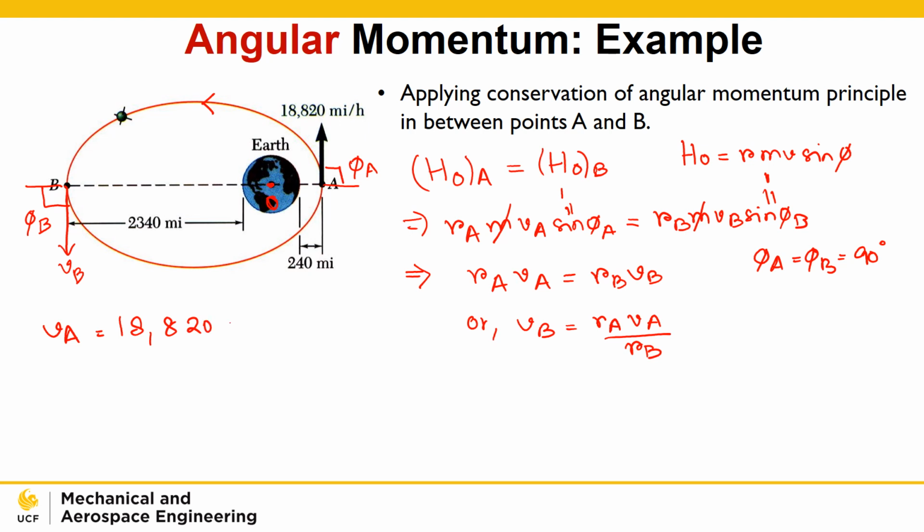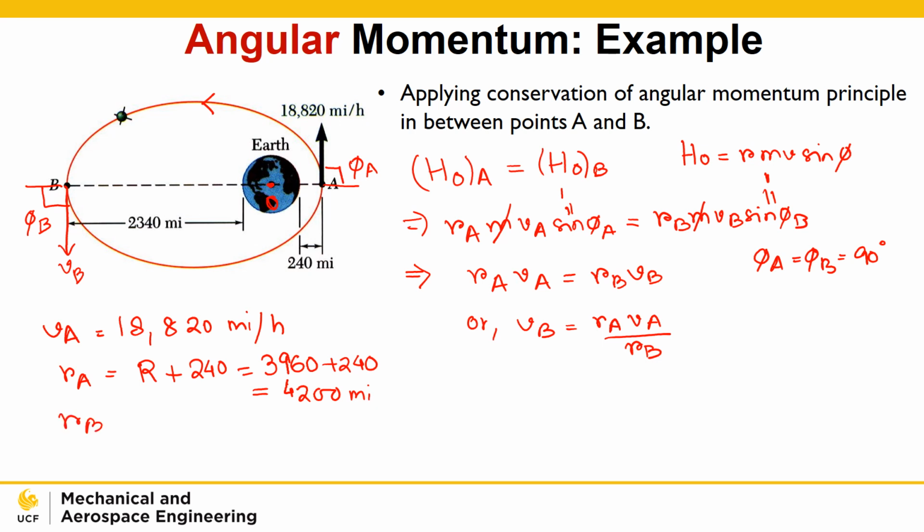Now from the problem, it is given that v_A is 18,820 miles per hour. r_A is the radial distance between the center O of the Earth and point A. So this will be equal to the radius R of the Earth plus the altitude 240. R is given to be 3,960, so this plus 240 gives us 4,200 miles.